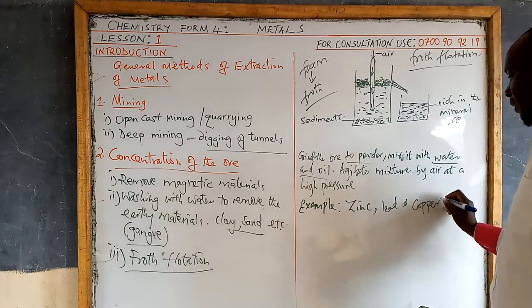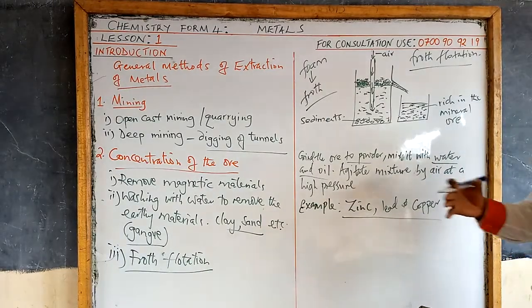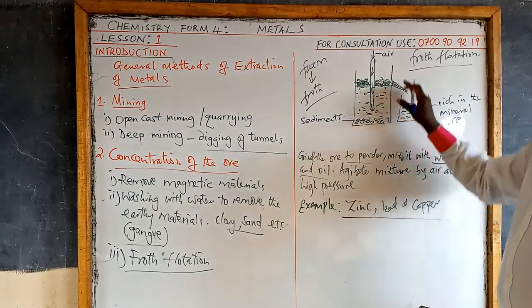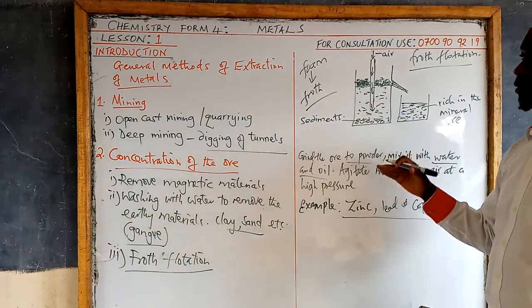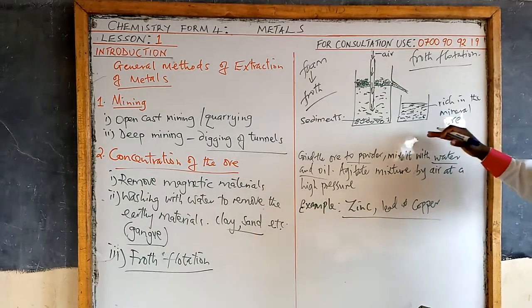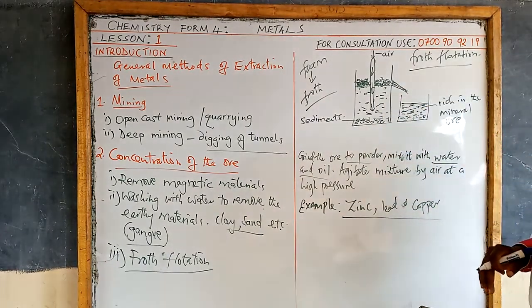So these three, as we look at the methods of extraction, we will just mention. That particular point will not have to go through this entire process. Generally, when we say that they are concentrated by froth flotation, this is the process that we mean.